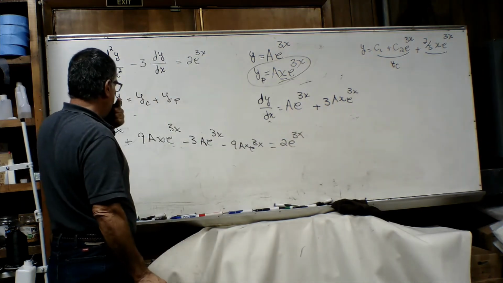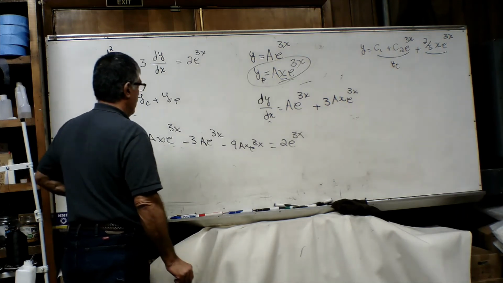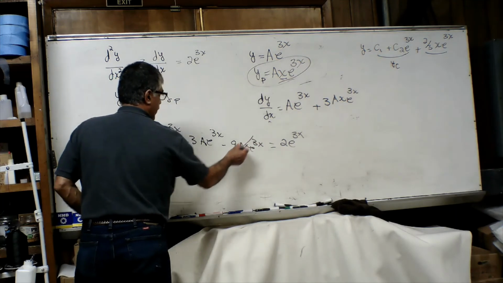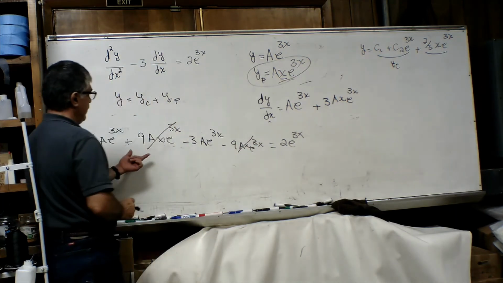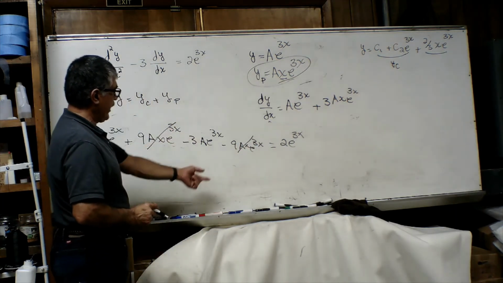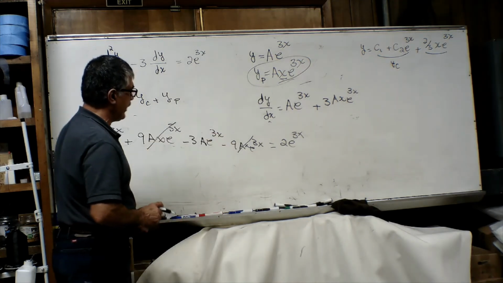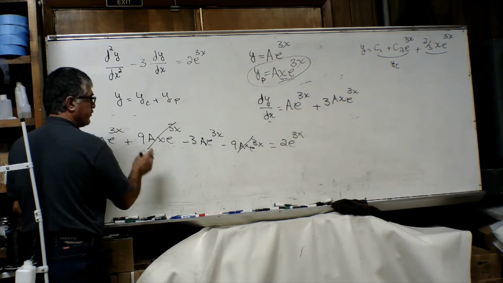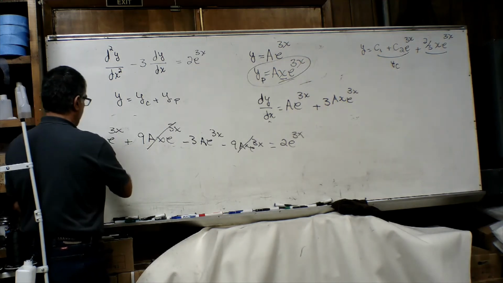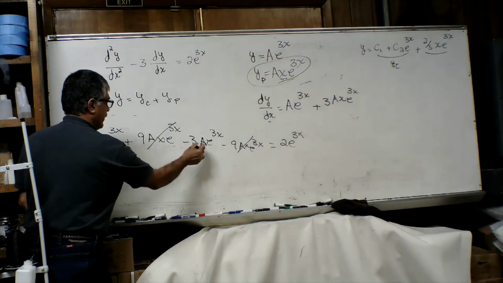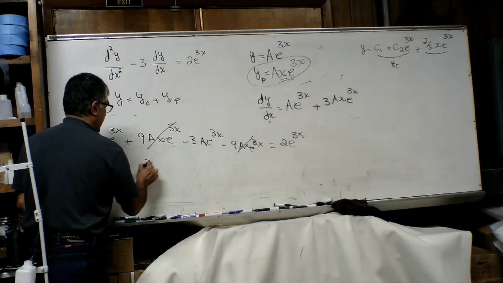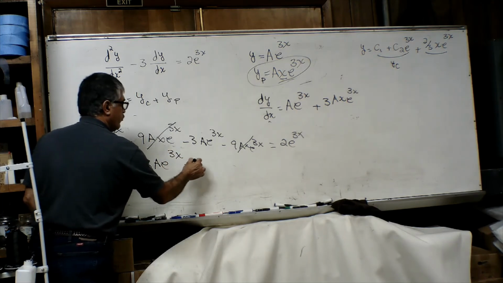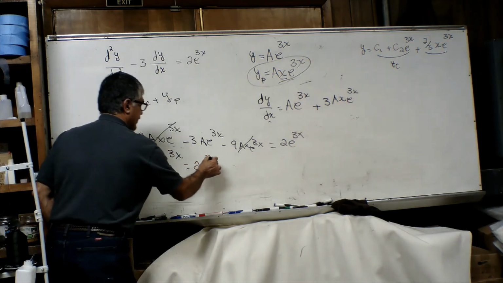From here, the 9a x terms cancel out, and we are going to have 3a e to the power 3x equal to 2 e to the power 3x.